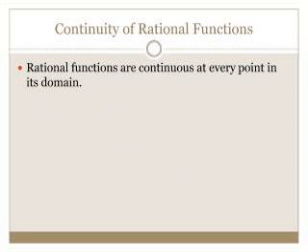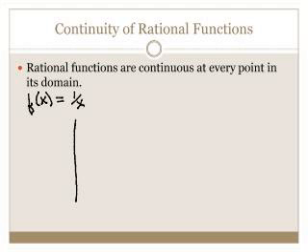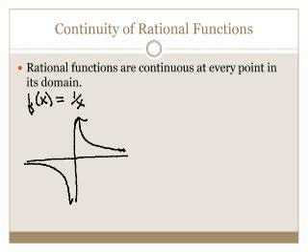Rational functions, however, are only continuous at points that are in their domain. So let's take the parent function f of x is equal to 1 over x. That rational function looks something like this. And the domain of this rational function is all real numbers, x is not equal to 0.